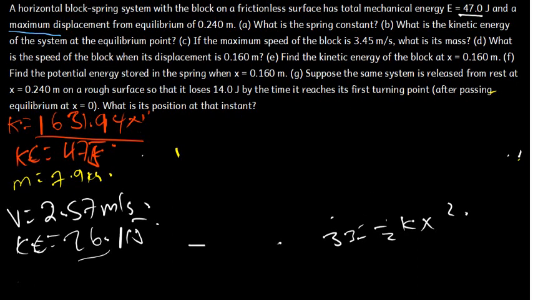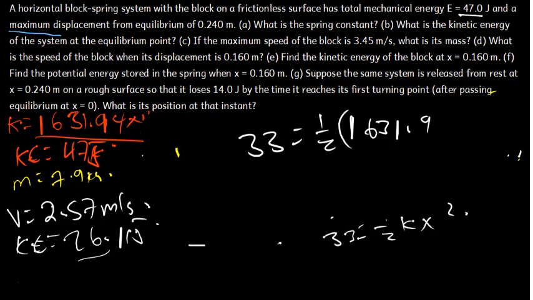So what will be our x value? It's going to be 33 equal to half, and we know that k is 1631.94. Then we want to find the x value. So 33 is going to be equal to 1631.94 divided by 2.